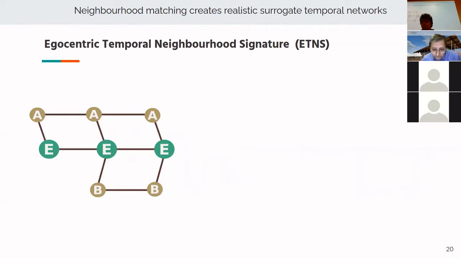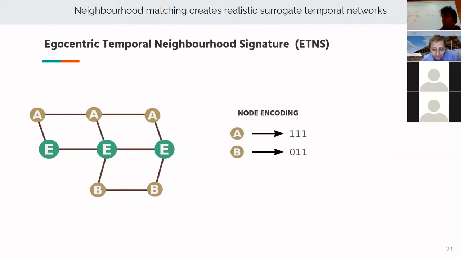Okay, what can we do with this structure? First of all, we can build a string that allows us to go from the string to the structure and from the structure to the string. And how it works with this encoding is super easy. First of all, we have a node encoding for each node except for the ego. The node embedding has a length equal to the number of layers we're using.